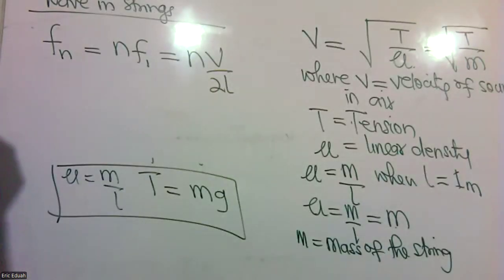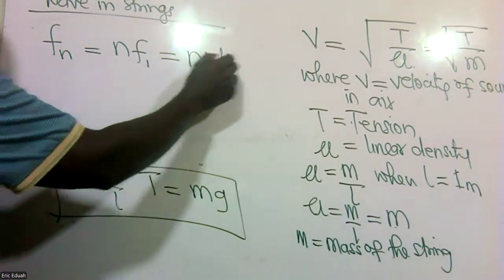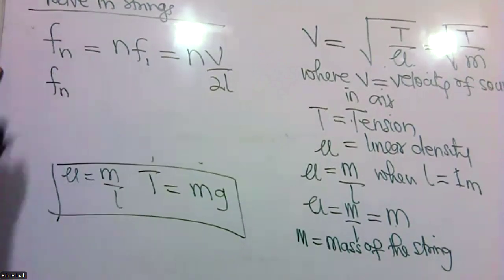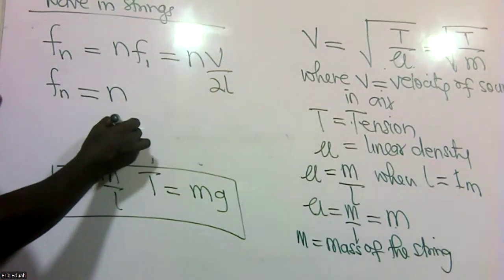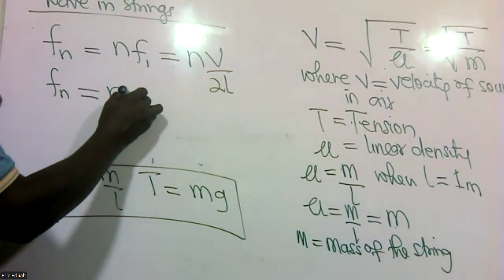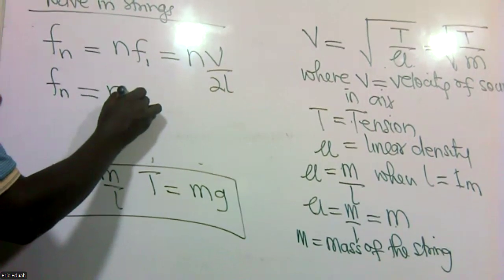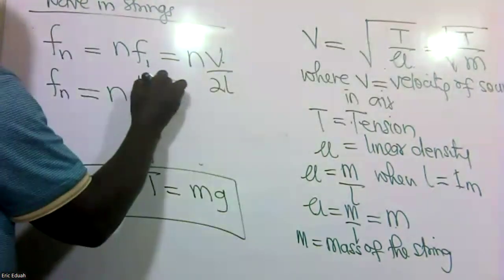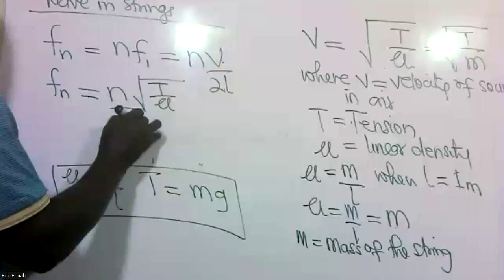So if velocity of sound in string is equal to square root of T over mu, then the n-th frequency is n times, substituting v, square root of T over mu, on 2L.